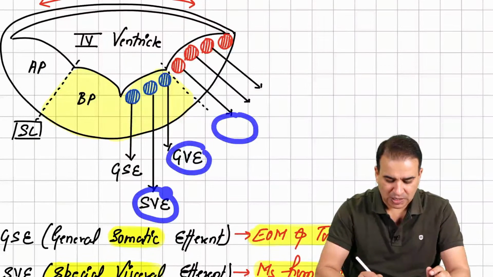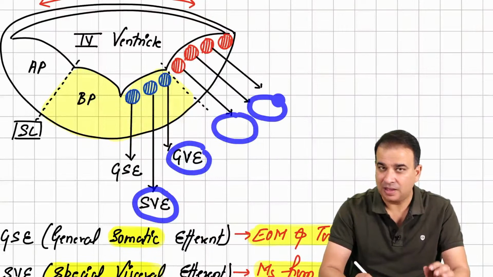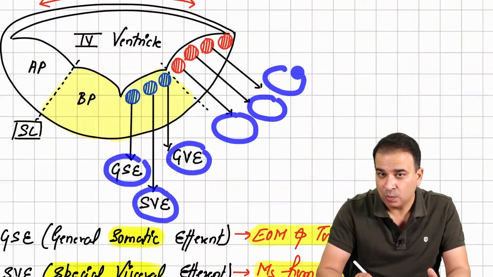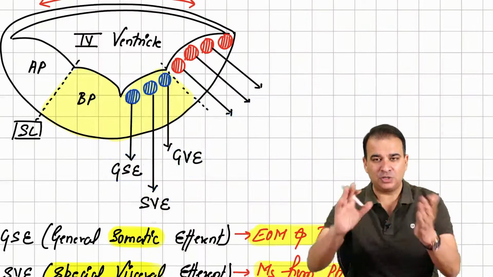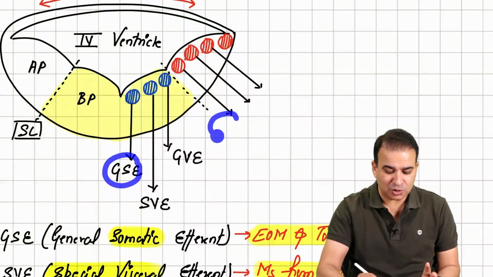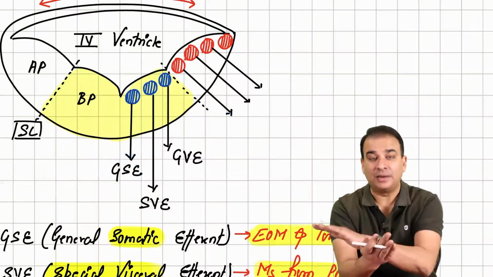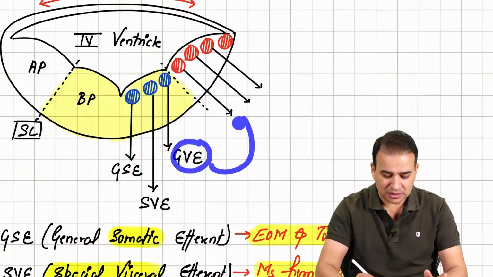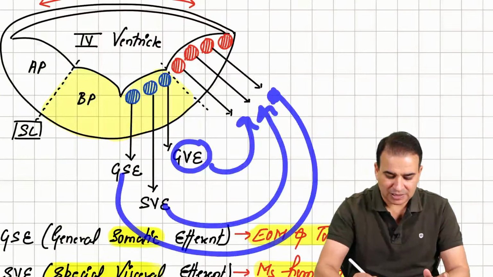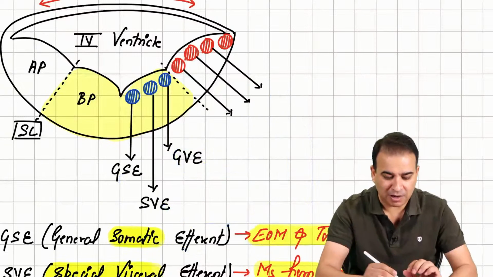This is SVE. SVA will be here, A for afferent. And this is GSE. The GSA will be here. So it's like a mirror image. You just need to flip it. Basically for this GV, this is the one. For GV, you have a GVA, SVA. And for the GSA, this is GSA here. Just make a mirror image, guys.